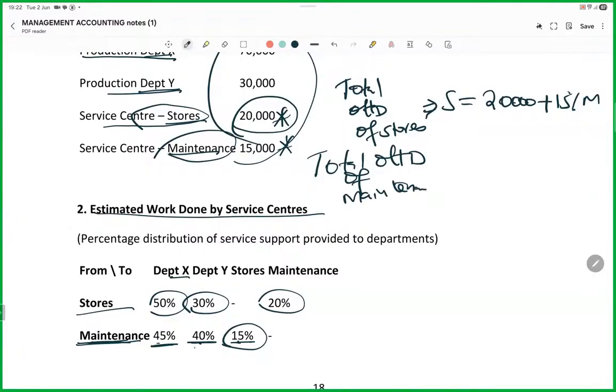Let me give you 1 minute. Let's see. Total overhead of maintenance. Just write, even if you don't get it, so what?